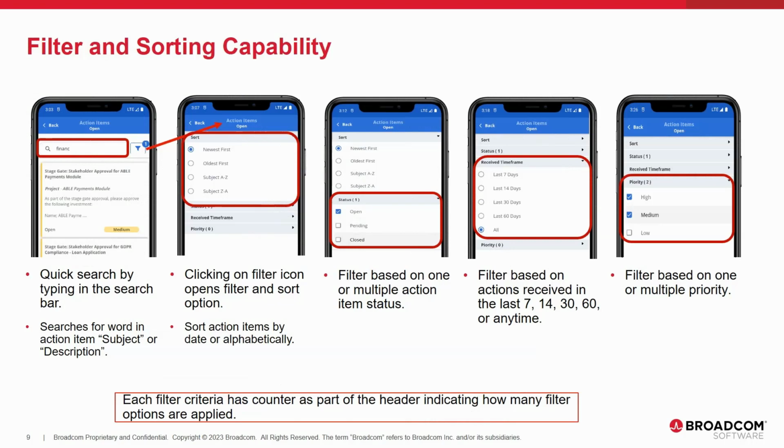Once the user has selected a specific filter criteria, going back to the action item list page, a counter will be displayed on top of the filter icon indicating how many filters have been applied to display the specific data.